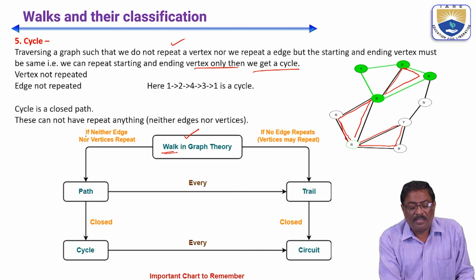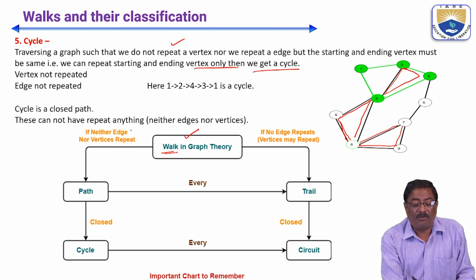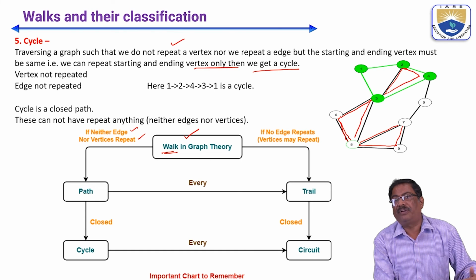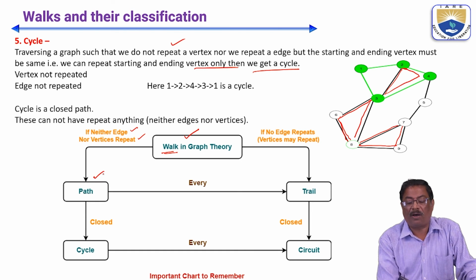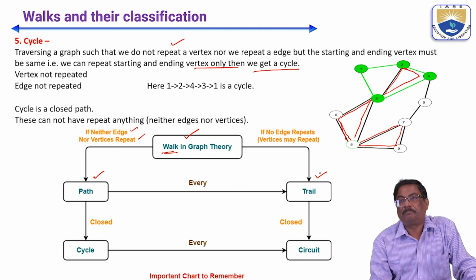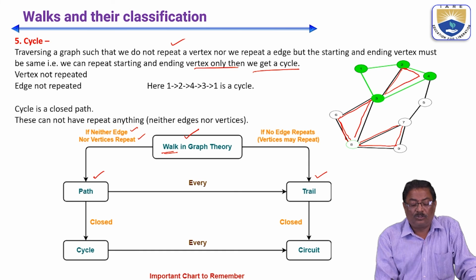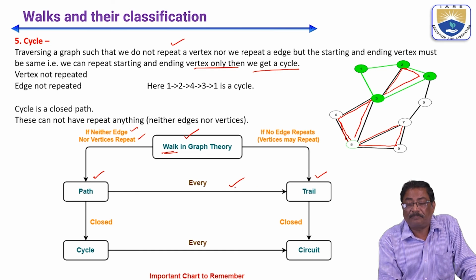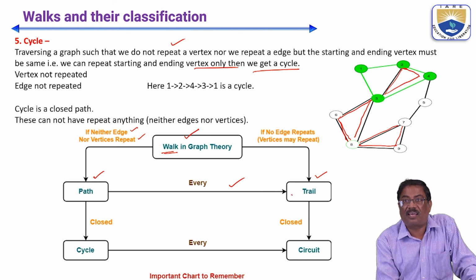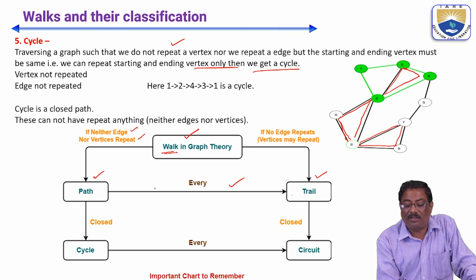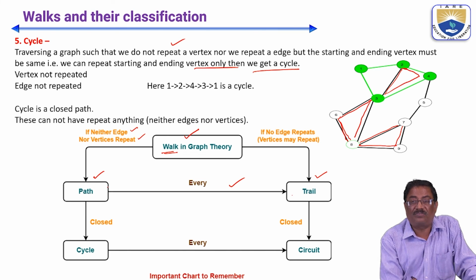In the walk, if neither edge nor vertex is repeated, then that is known as a path. If the edge is not repeated, but a vertex is repeated, then it is a trail. So every path is a trail, but every trail need not be a path. Every path is a trail, but the converse will not be true.